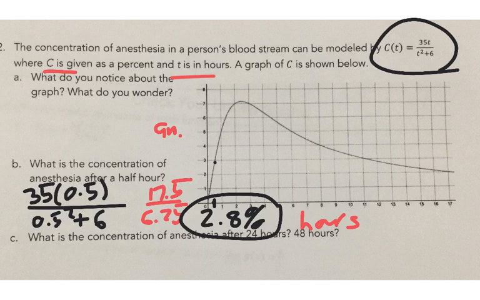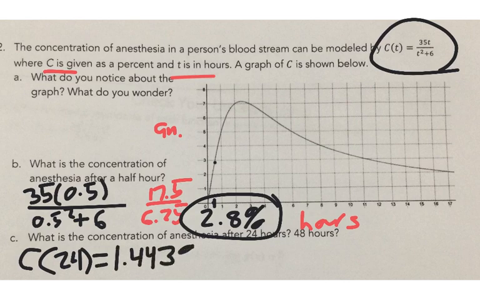Then it says, what's the concentration of anesthesia after 24 hours? So you can go up there and highlight your function and then just replace the 0.5s with 24s. Just tell me when you get it. 1.443%. So you still got some after 24 hours.